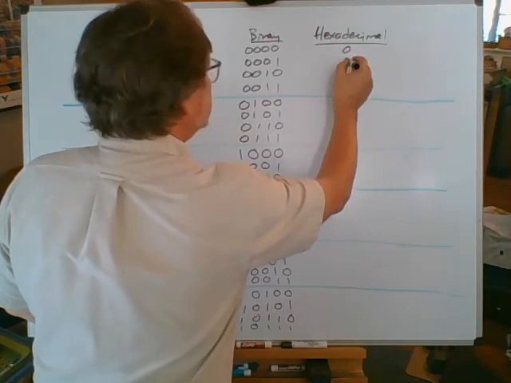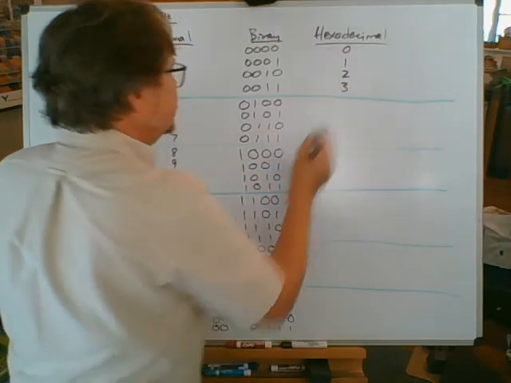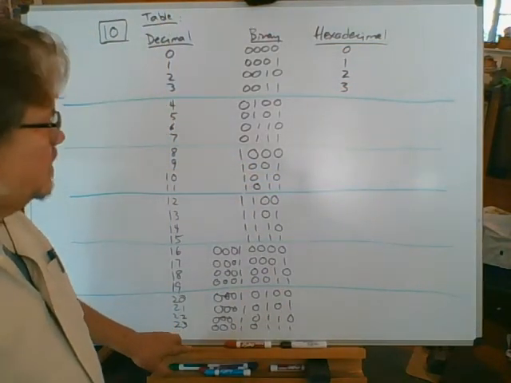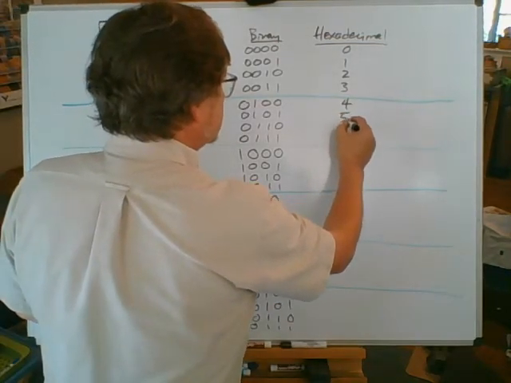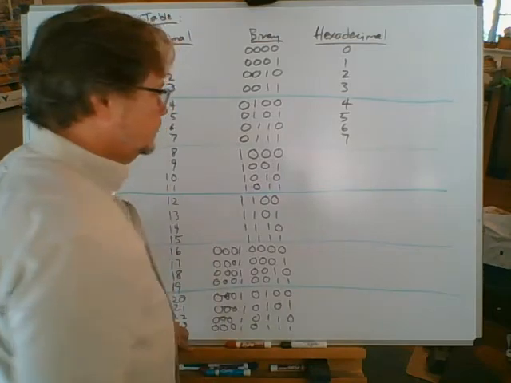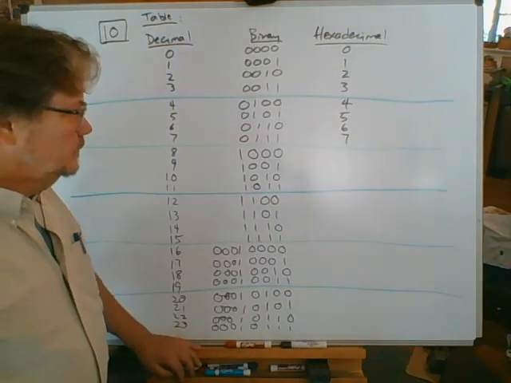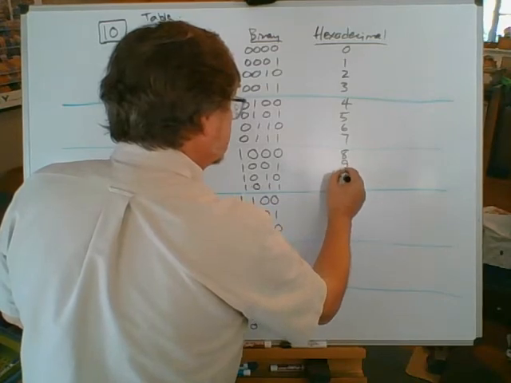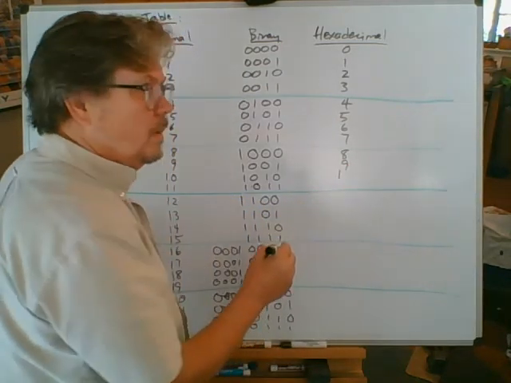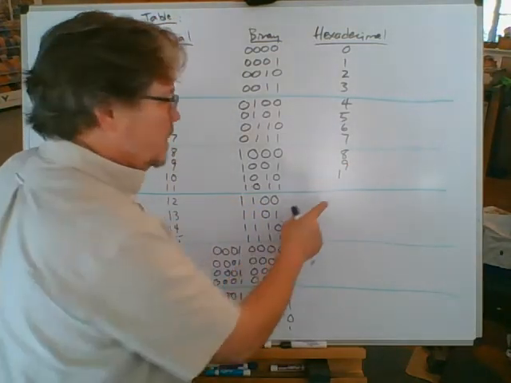0, 1, 2, 3. Starts out plain and simple and gentle enough. 4, 5, 6, 7, 8, 9, 10. Oh. It doesn't look like a 10.